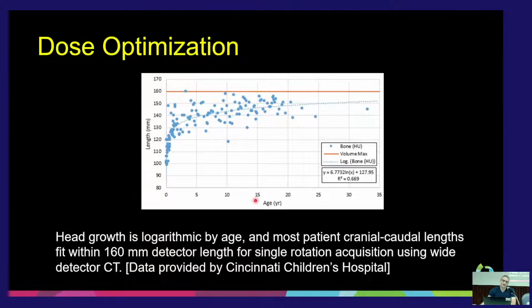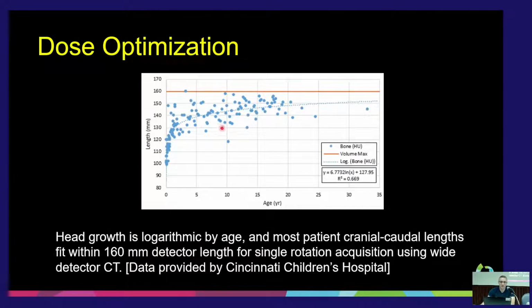I surveyed a bunch of our patients as a function of age, and I measured the distance from the top of the apex of their head down through the SOM line. I was curious how many of our patients I could cover in a single rotation using 16 centimeter coverage.